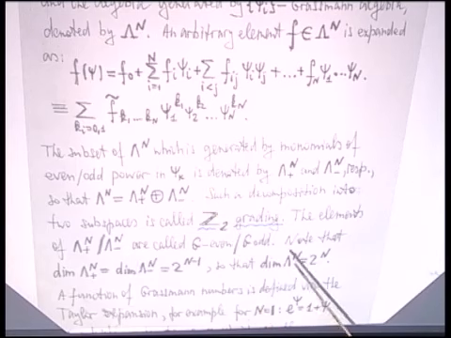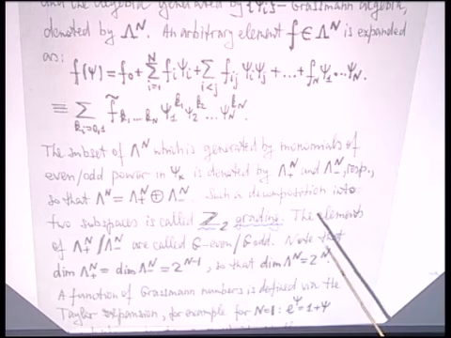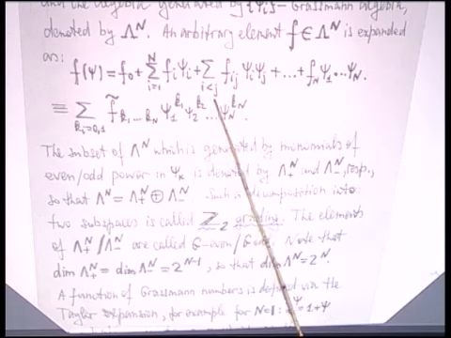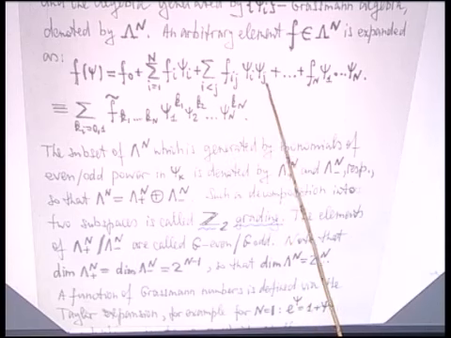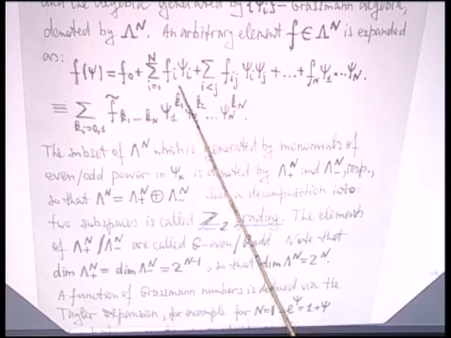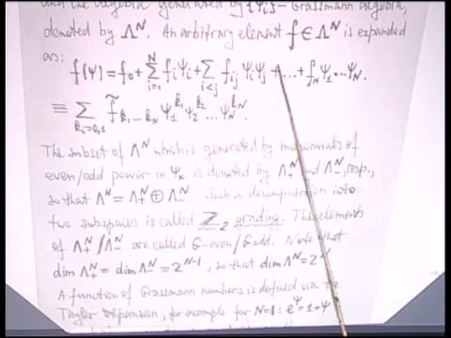This decomposition has a standard name, Z2 grading, and it's easy to see that the dimension of each of these spaces is 2^(n-1), and the dimension of Lambda_n is just 2^n. How to see it immediately? Just because all indices in every sum in this representation should be different.